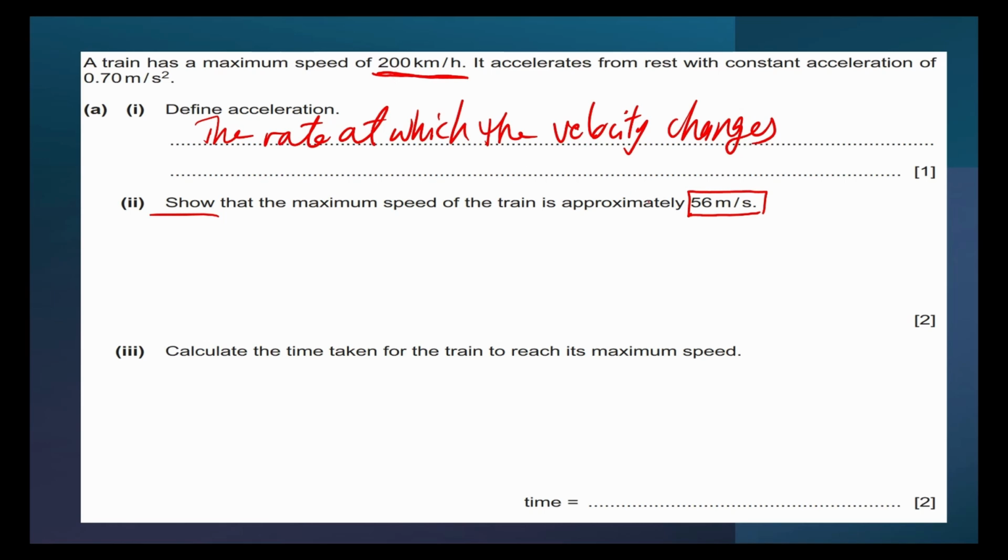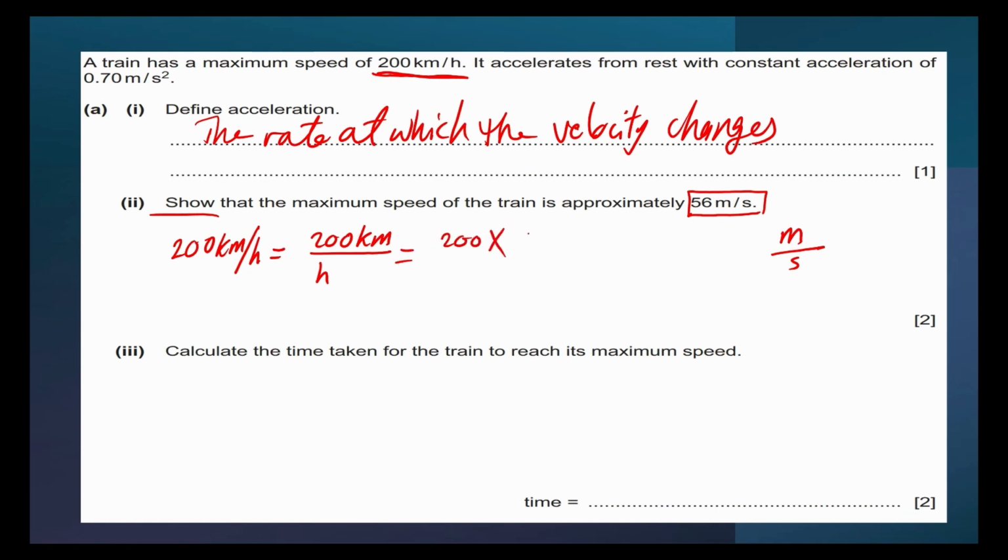Look at this. How to convert from 200 kilometer per hour to meter per second? Very simple. It is 200 kilometer per hour, which equals 200 kilometer over hour, and we want to convert it to meter per second.